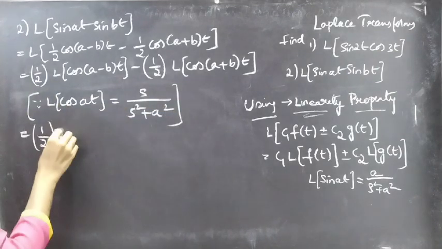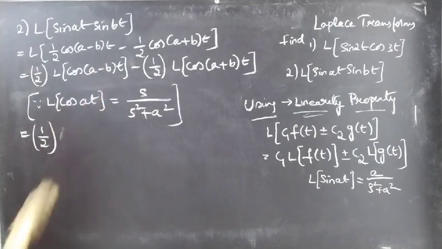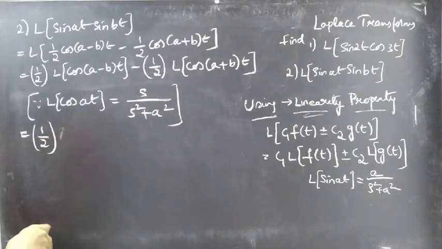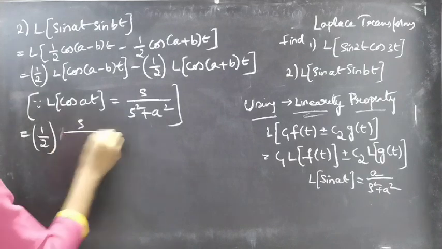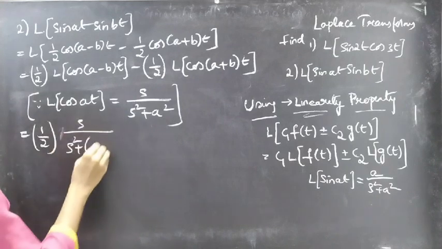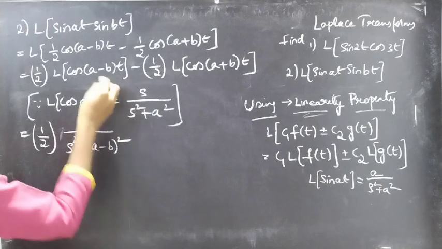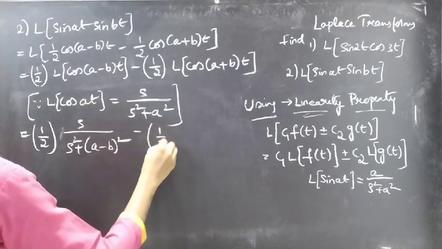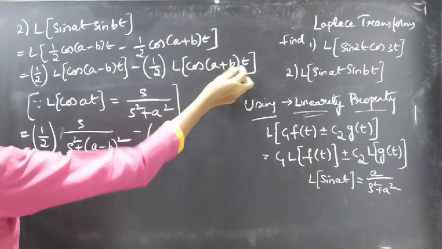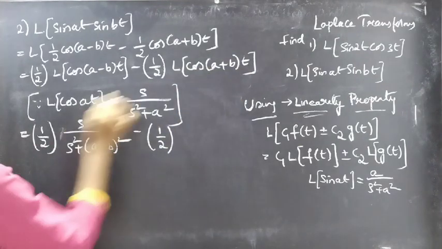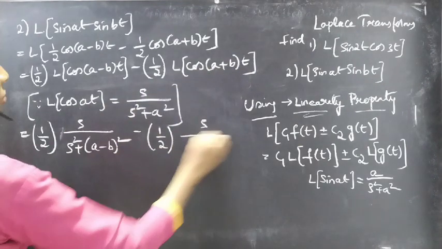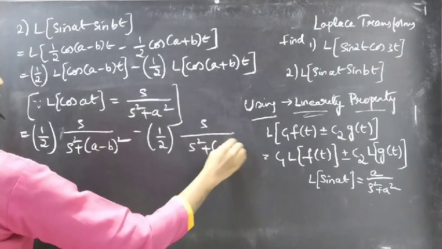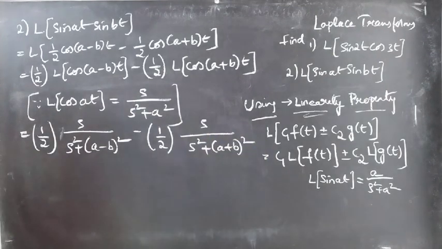Then the above expression becomes L of cos (a minus b) into t. Then for a equal to a minus b, we'll have s by s square plus (a minus b) whole square, minus 1/2 into, compare cos (a plus b) into t with cos at. Then for a equal to a plus b, just replace a by a plus b. Now we'll get s square plus (a plus b) whole square.